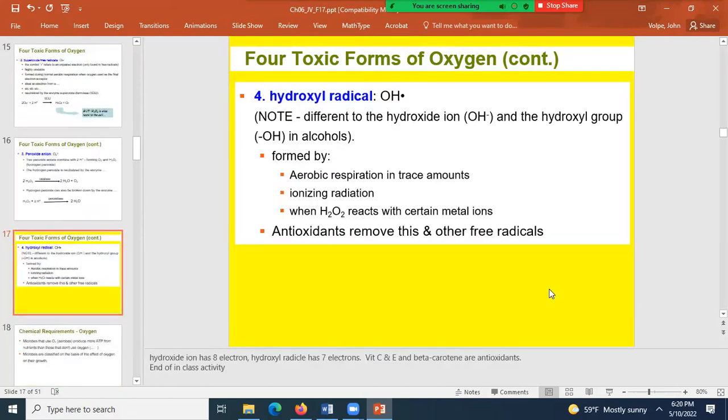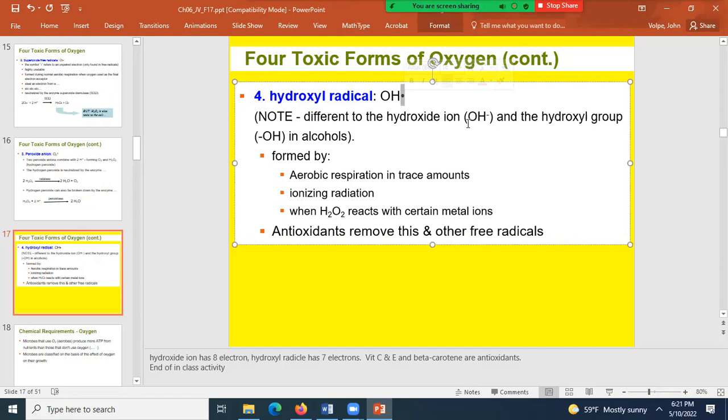All right, the 4th toxic form of oxygen is the hydroxyl radical. It is OH, that group, or the hydroxide anion, but it has an extra or an unpaired electron.